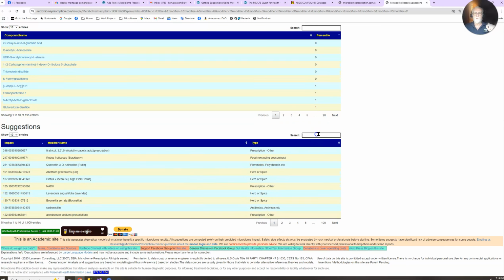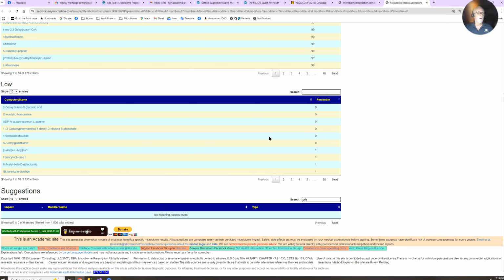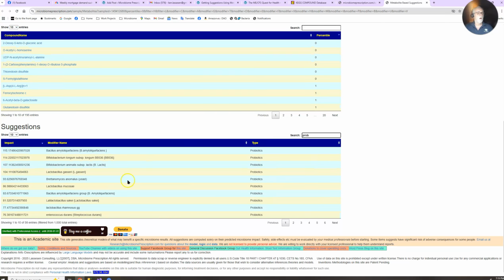And now, again, remember, with the search, you can go and do something like herb. And now you get all the herbs listed there and the relative importance. And we can now go and do something like probiotics. Spelling helps. And now you found which probiotics are best.